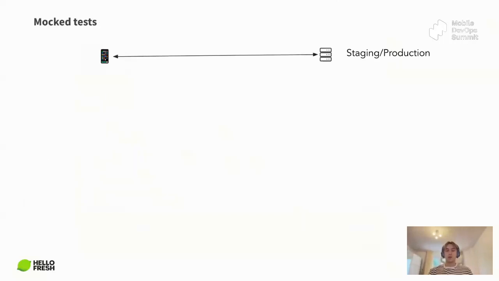But what's a mock test? This is how usually apps are working. This is how our app is working. We have our device, it doesn't really matter if it's a simulator or a physical device, and we have a server, for example, production or a staging server for the tests. If you want to use end-to-end tests, there are a couple of problems with that. At first, you don't want to test anything on production because it could lead to some problems.